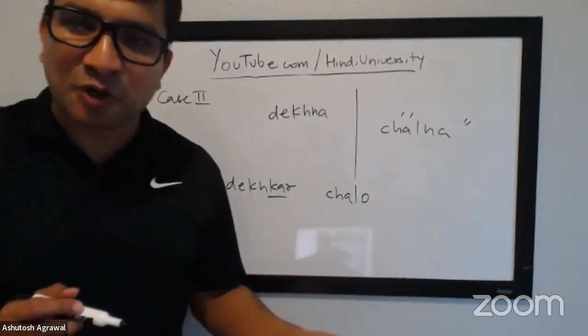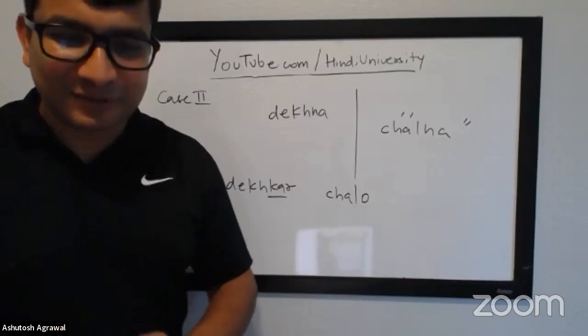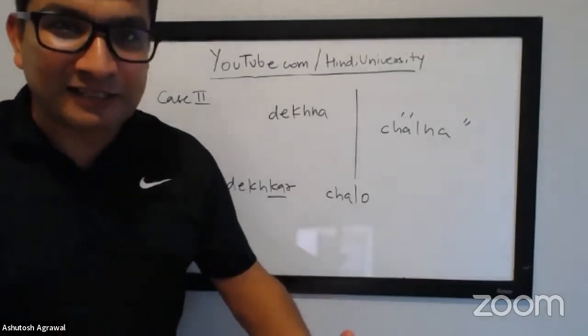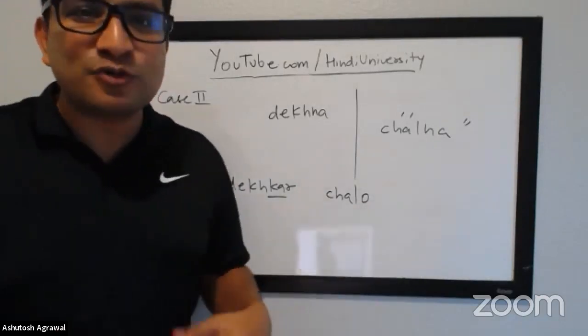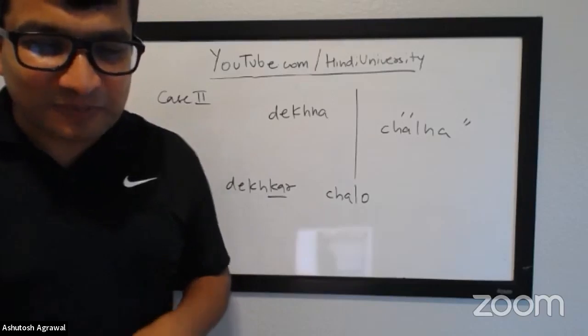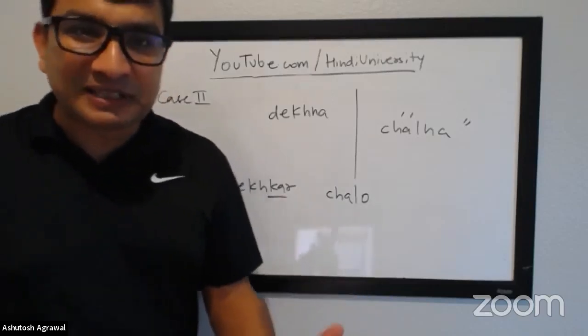There's a famous song of Raj Kapoor, which is basically a bhai, oh brother, zara dekh kar chalo, like don't just walk randomly in any direction. There is a use of the conjunctive participle there.